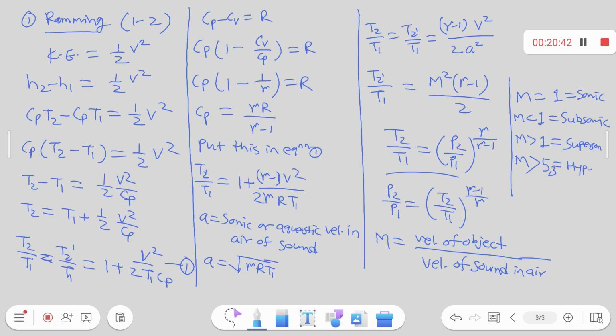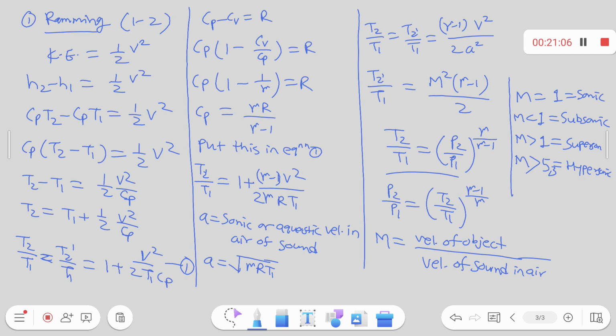So it is hypersonic. Means velocity of that object is much more than the speed of the sound. How much time does it take for my sound to reach you? Just in no time, right? So imagine the velocity of missiles and aeroplanes. Okay? So this is your ramming process, right?